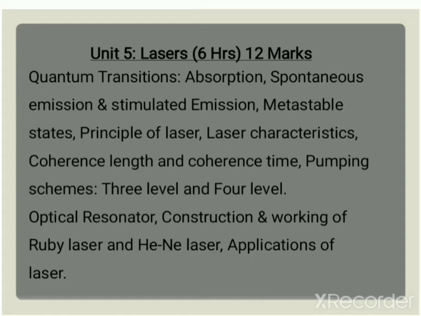Then pumping schemes, 3-level and 4-level pumping schemes. Then optical resonator and types of laser, that is ruby laser and helium neon laser. We study the construction and working of ruby laser and helium neon laser in detail, and finally the applications of laser. So it is a very easy and very interesting unit.